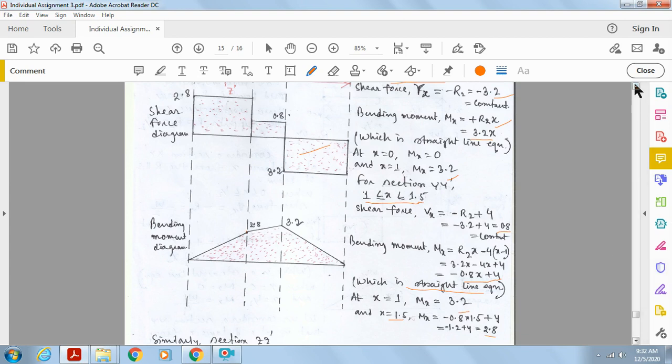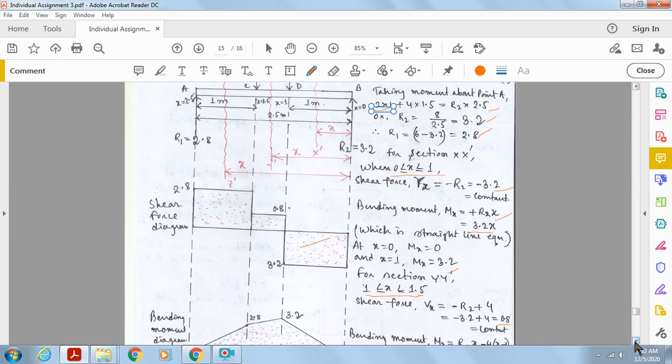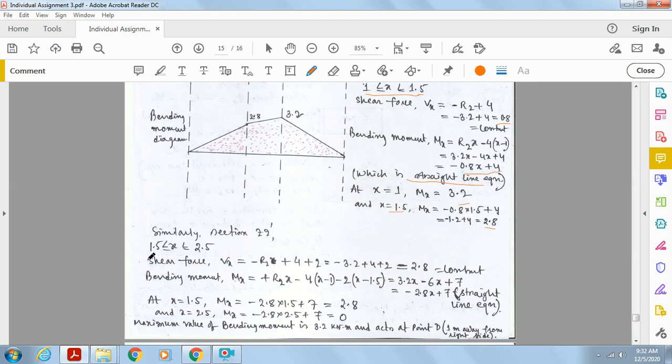Similarly, we will consider another section, that is z dashed. With respect to z dashed, at the right hand side we see there are total three different forces, 2 kilonewton, 4 kilonewton and R2. So the Vx value will be equal to, and z dash is at a distance 1.5 to 2.5 from the right side part.